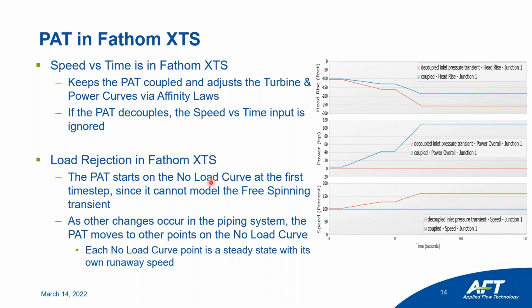And since it cannot model that free spinning transient, the PAT will start at runaway speed and that no load curve at the very start of your time simulation. Then at any point of your time simulation, the PAT will represent a point on the no load curve while it's decoupled.